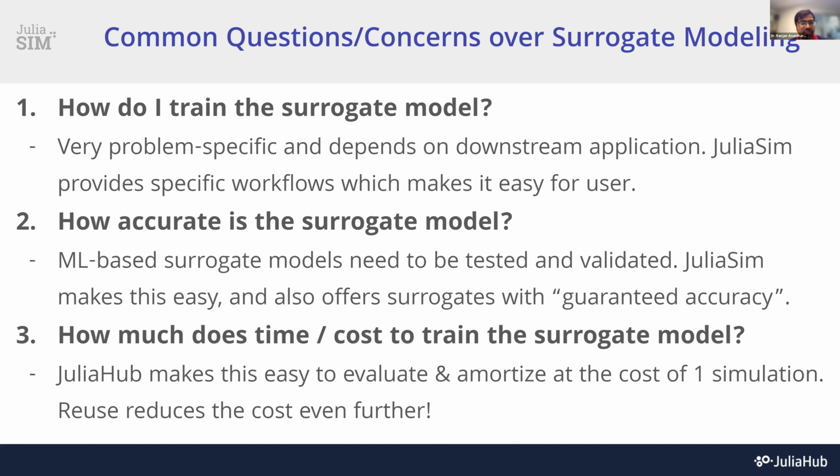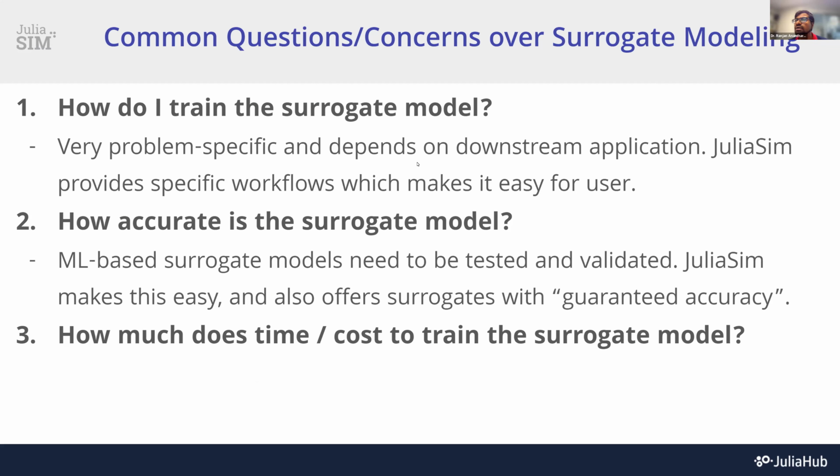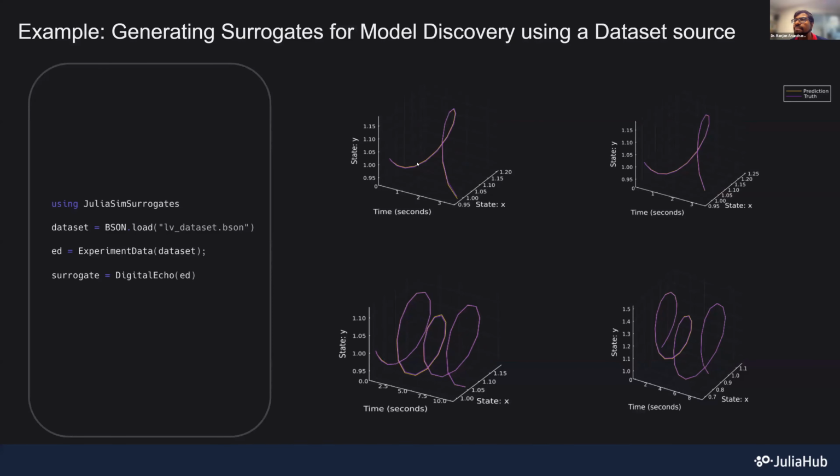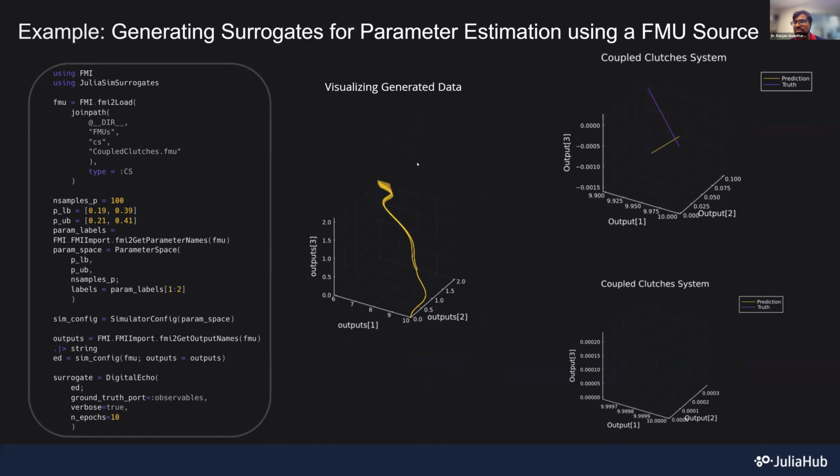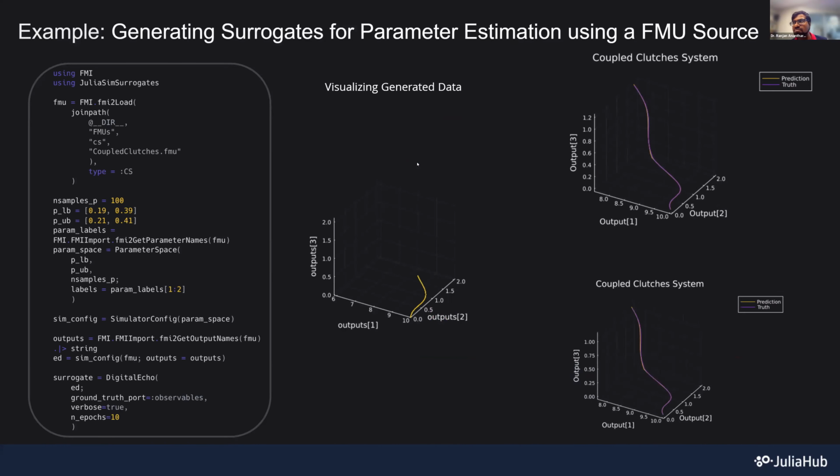So what else? What if we don't have a partial differential equation, but you have a black box problem? Okay, let's go back one slide. This particular slide is using a black box source. This is a completely black box problem, and this is called a functional mock-up unit.